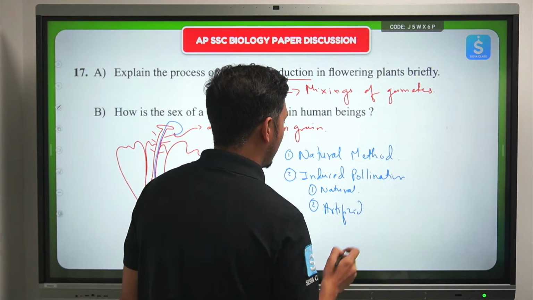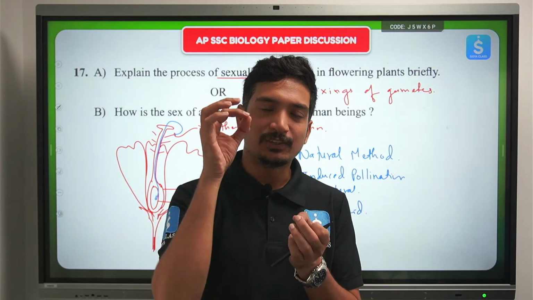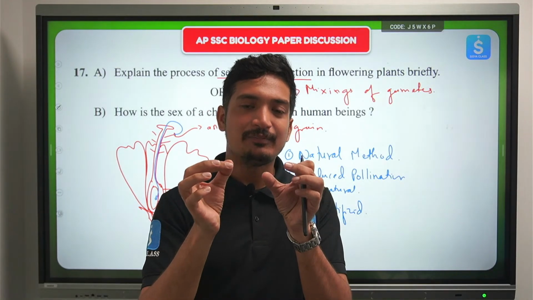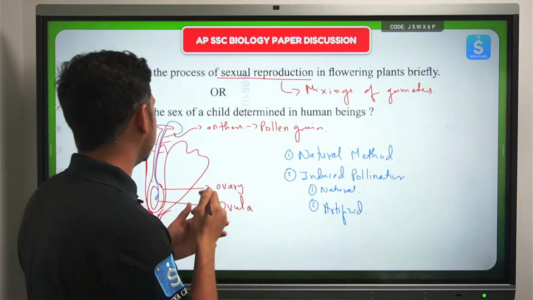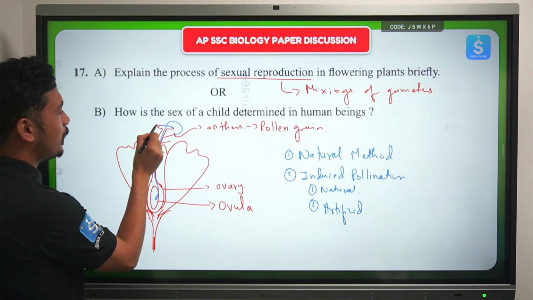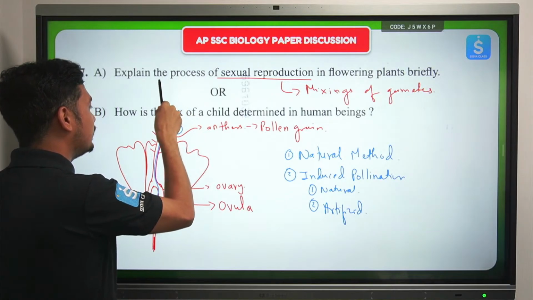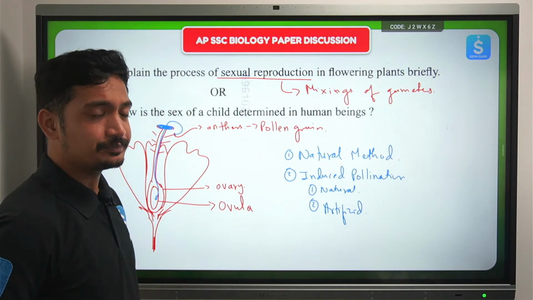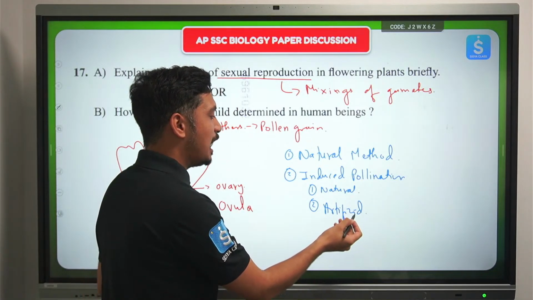When you talk about the artificial method, a person takes the pollen grain and very carefully places it on the stigma. Basically this upper part is called the stigma. So the pollen grain is kept on that stigma. A person does it, therefore that will be called artificial.